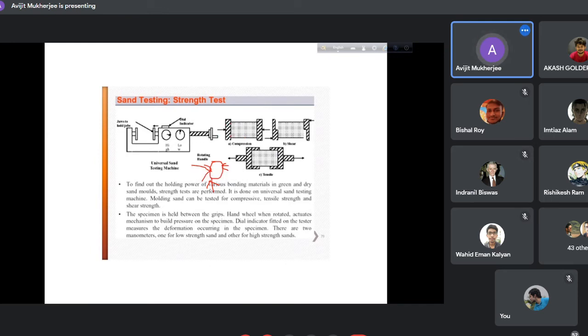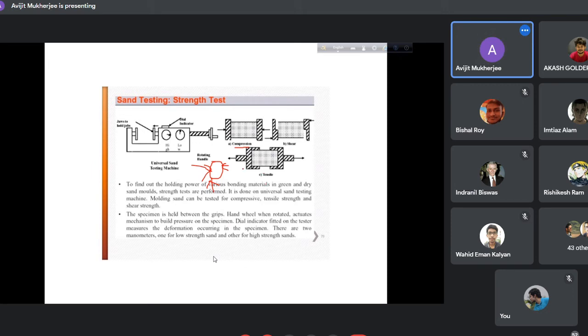So there are two such jaws. This is an instrument where these are the jaws, and this is a spring operated device, hand wheel, and some dial indicator is also there. So you apply pressure, so this will be reduced in volume, and accordingly we can find out the strength, how long they can retain their shape.